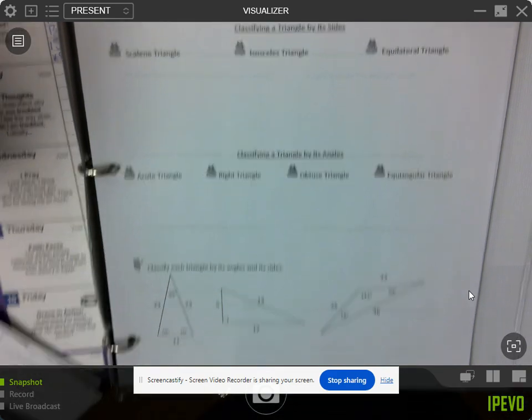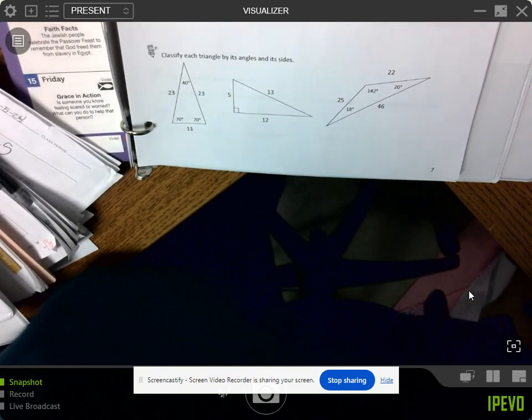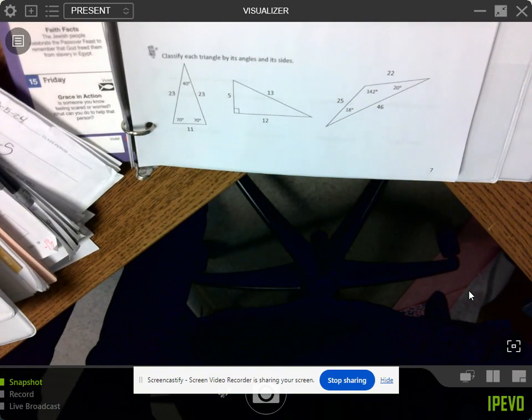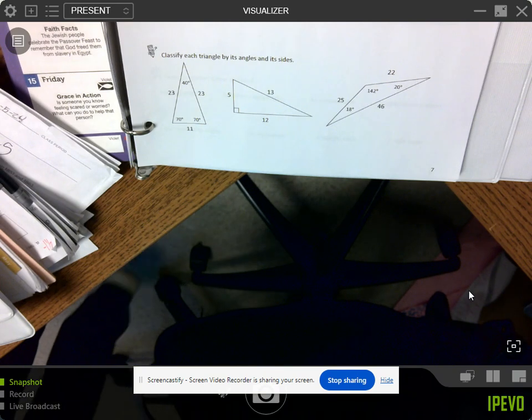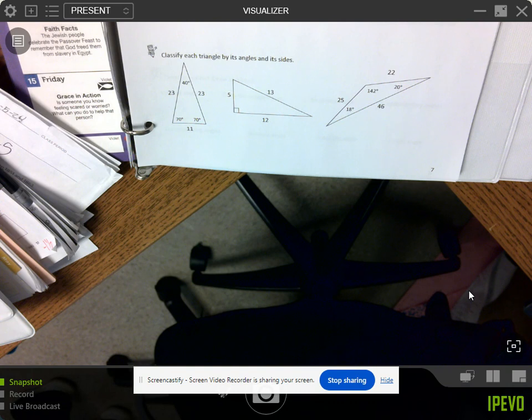We need to classify each triangle by its angle and side. So we're going to give it two names. Let's look at this first triangle. We can see side measurements and we can see angle measurements.